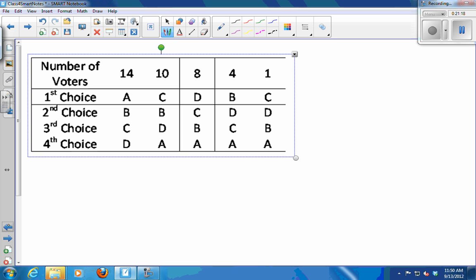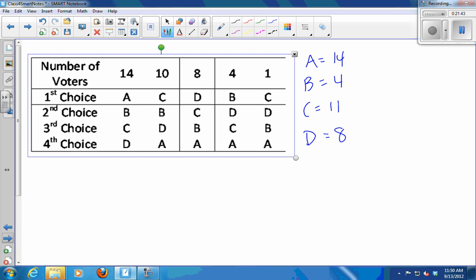So for plurality with elimination, that is the one that caused the most confusion. Can you do that one? Yep. So first, I'm just going to carry out plurality with elimination to determine the winner. So I start with plurality. A has 14, B has 4, C has 11, and D has 8.